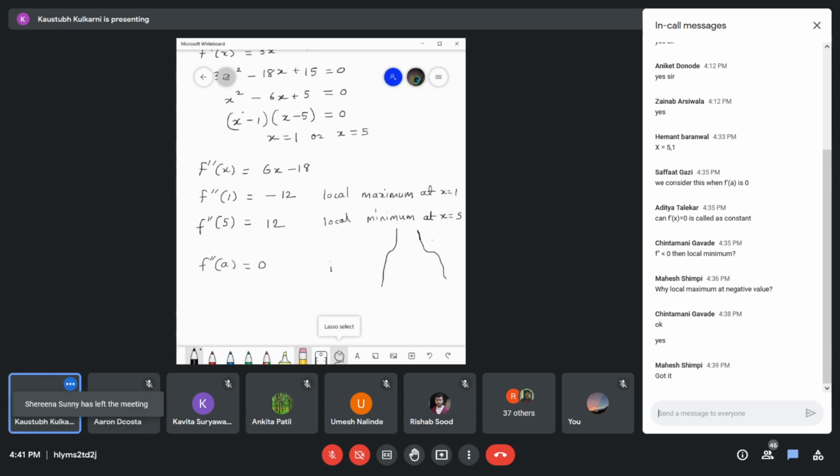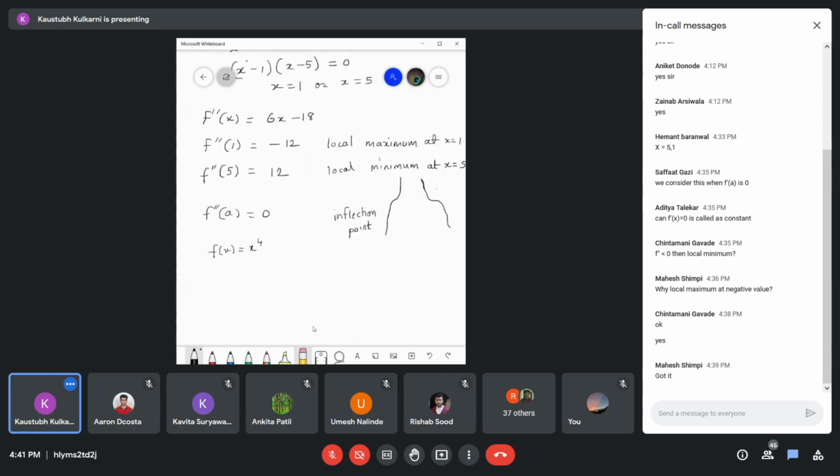This is the important case, called an inflection point. So for example, f of x equal to x raised to 4. Then f dash of x is 4x cube, and this is 0 at x equal to 0.